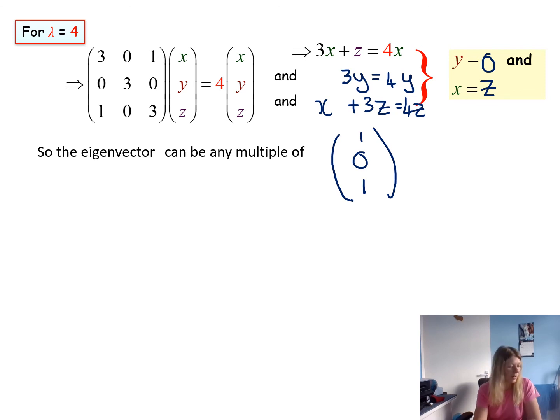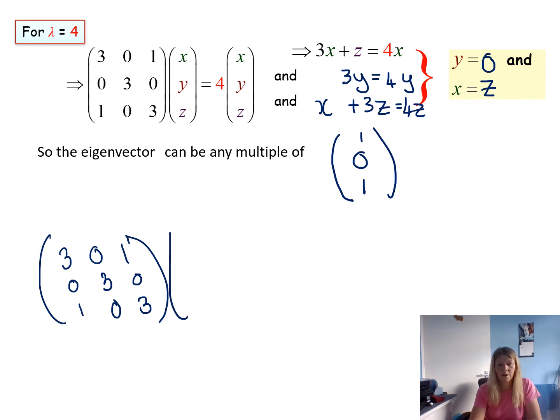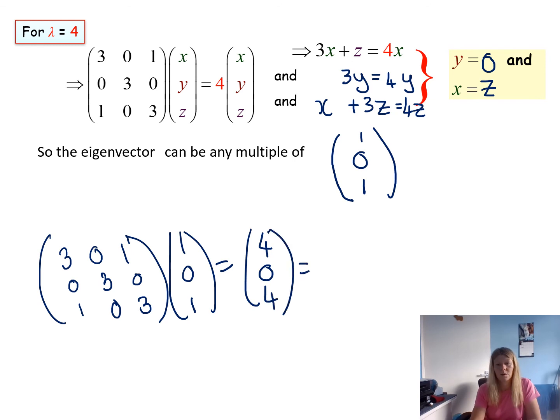And if you wanted to prove to yourself that was working, you could do that matrix on your calculator, or by hand. What will it give? 3 and 1, that's 4. Oh, look, that's 4 times the original.